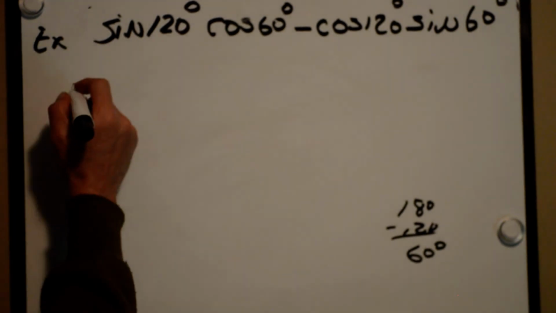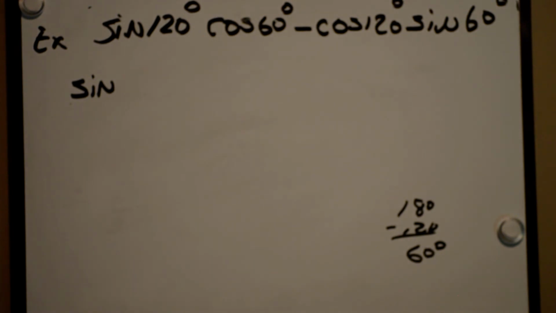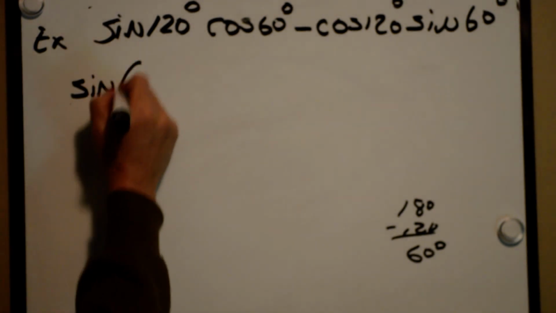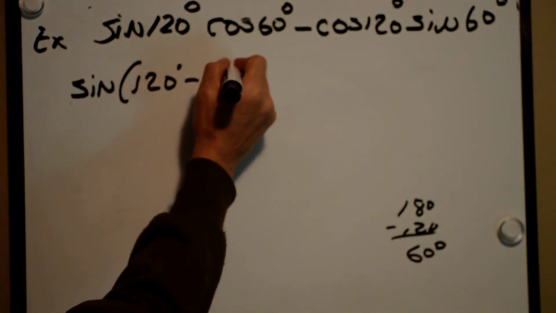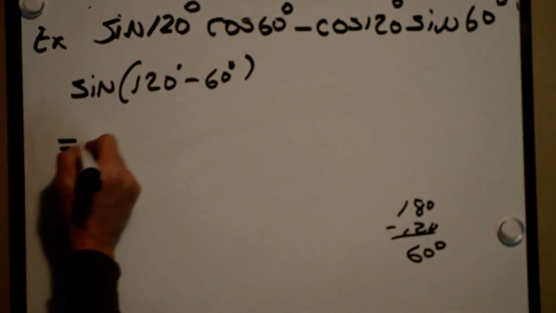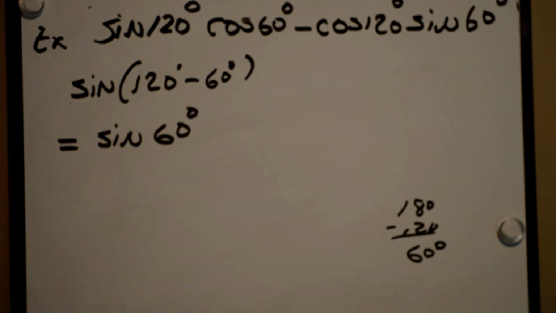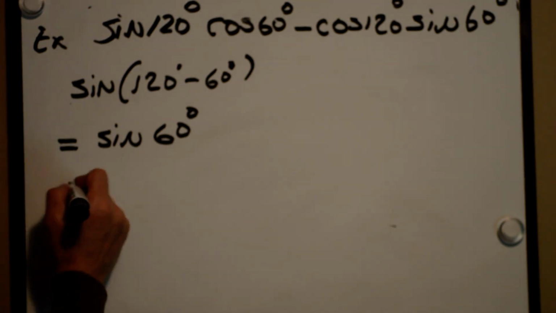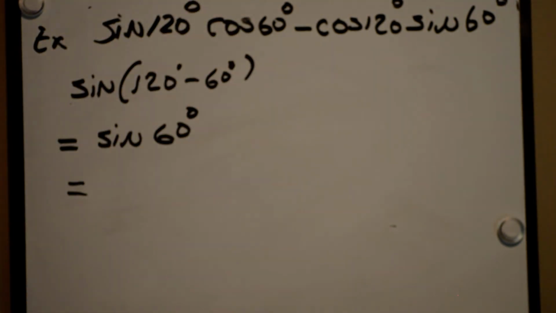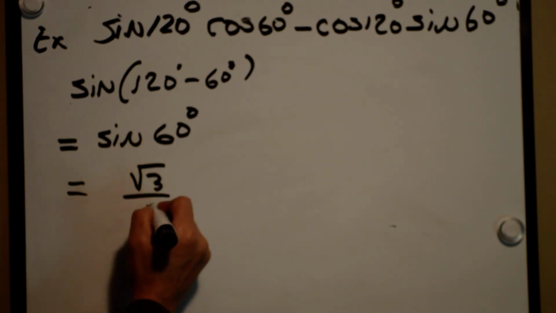Just using the left-hand side, this is the sine of 120 degrees minus 60 degrees. So that's just equal to the sine of 60 degrees, so we didn't even need that. When I showed you quadrant 1, the sine of 60 degrees is equal to radical 3 over 2.